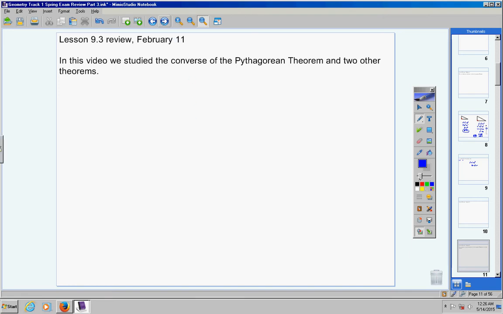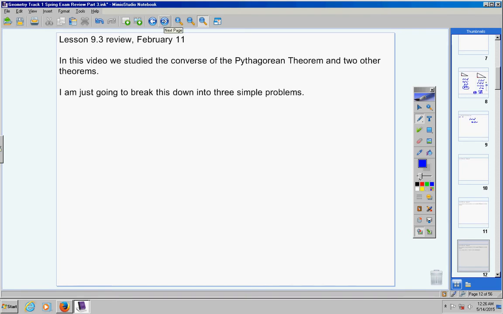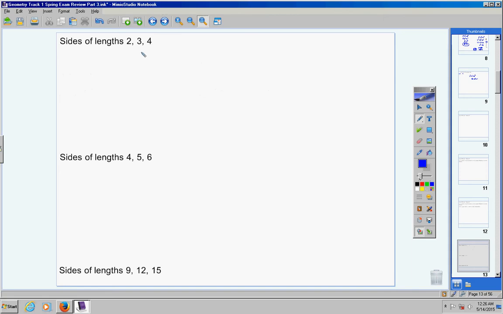If you didn't understand that, let me explain it to you this way. I'm going to break this down to 3 simple problems, okay? Now, on the test, there's a good chance I will ask you to take 3 sides. I'm going to give you 3 sides of a triangle. And you're going to look at those 3 sides and tell me whether you have an acute triangle, an obtuse triangle, or a right triangle.